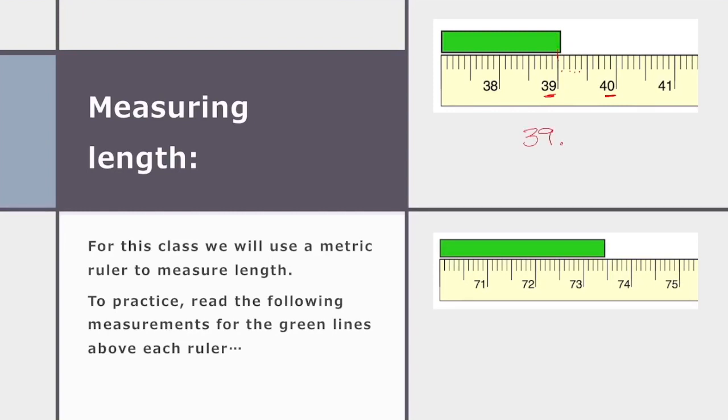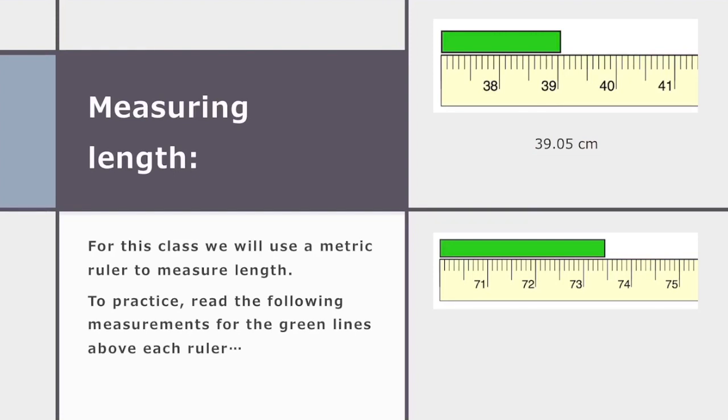I'm going to put 39, and then it doesn't quite reach the first tenths place, so for my tenths place I'm going to put 0, because it doesn't quite go to that first one right here. But the green line does extend beyond 39, so I have to account for that length the best I can. It looks like it's about halfway between 39 and 39.1, so it's going to be 39.05 centimeters. That's going to be my estimation for that.